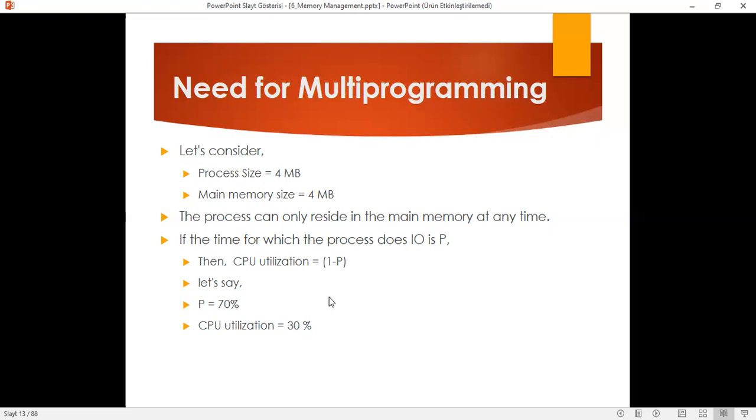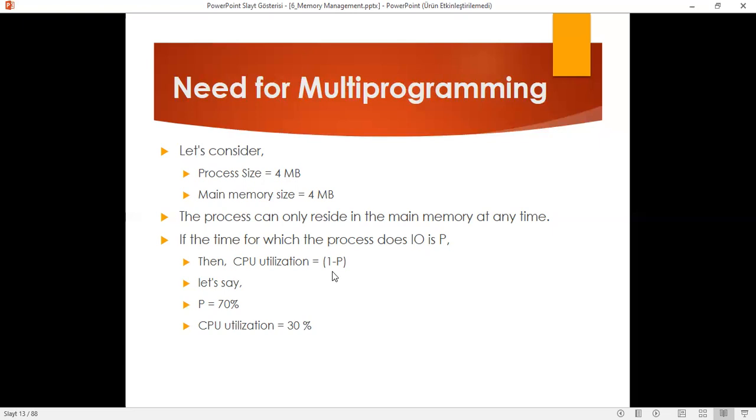What does it mean? I have 1 process, and my memory size just fits the size of 1 process. So when that process tries to make some input output operation, it means the CPU will be idle.